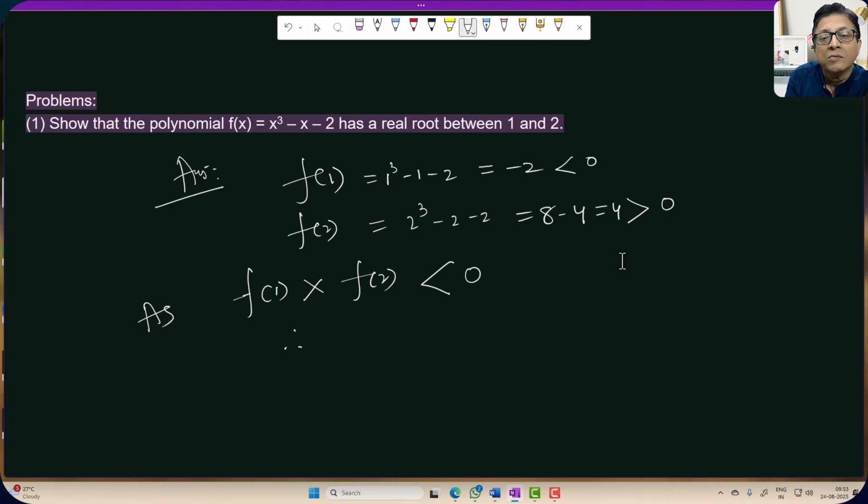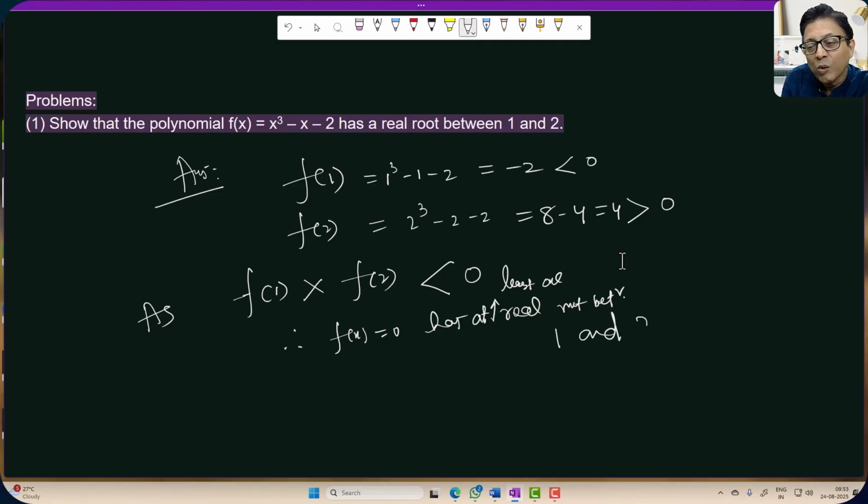As f(1) times f(2) is less than 0, therefore there is a real root. Maybe all three are real roots, maybe. But the question is whether there is a real root. Therefore, f(x) equal to 0 has at least one real root between 1 and 2.